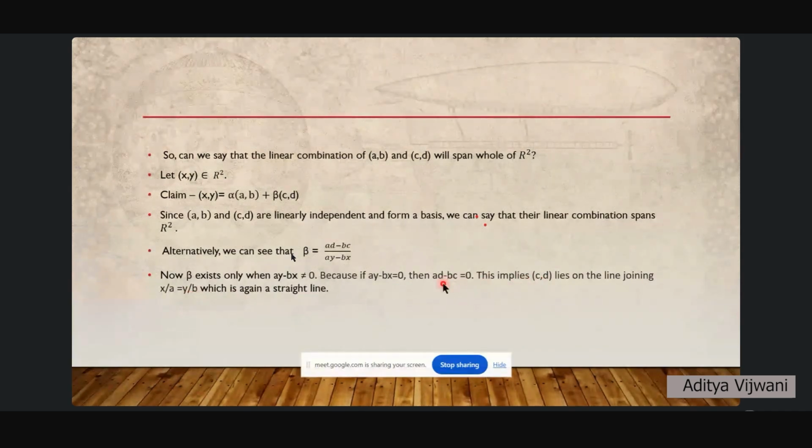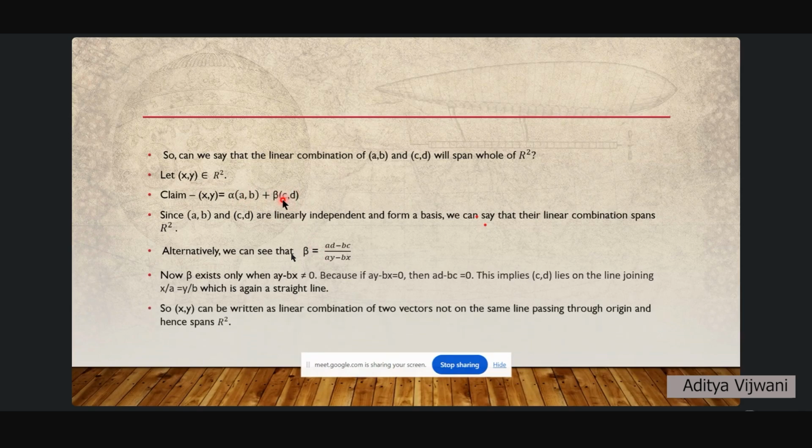From here I can write C in terms of A and D in terms of B. So basically I'm writing (C, D) as a multiple of (A, B) only, right? But I started with CD to be a point not on the line joining AB and origin. So that cannot happen. So obviously these 2 points have to span the whole of R2. Basically their linear combination should span R2. So we get a subspace, the whole of R2.